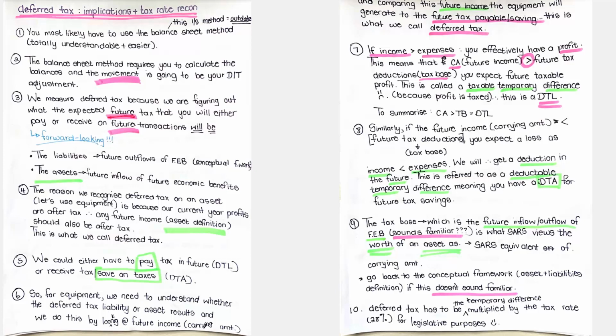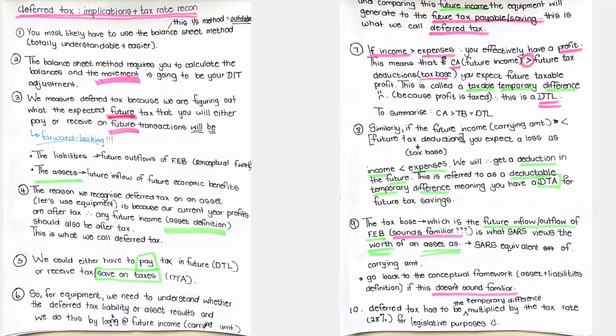The tax base is the future income that the equipment will generate relative to the future tax payable or the future tax saving. And the difference between the two, as I said, is called deferred tax. If income is greater than expenses, you effectively have an accounting profit.